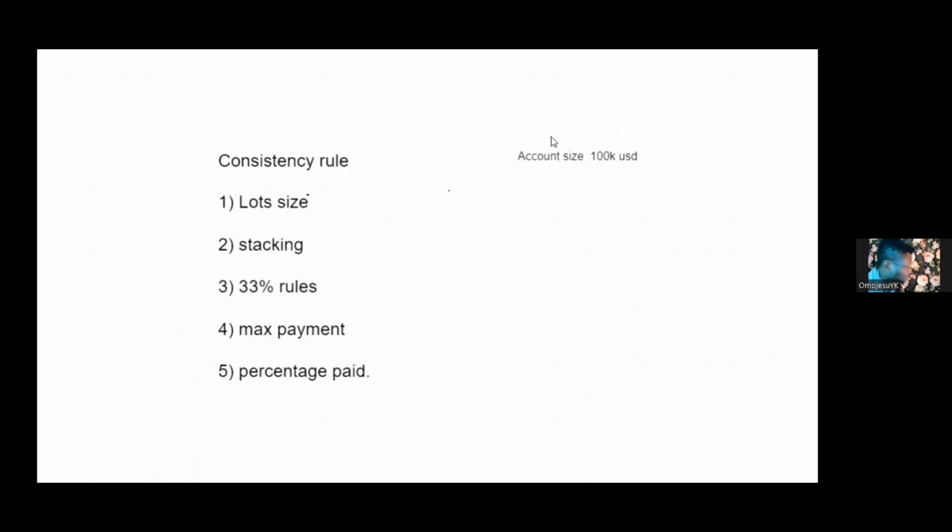The first one I'll be talking about is lot size. Remember what we read on the $100,000 account: they expect your first withdrawal to be $3,000 USD profit. This is on the 100K account.